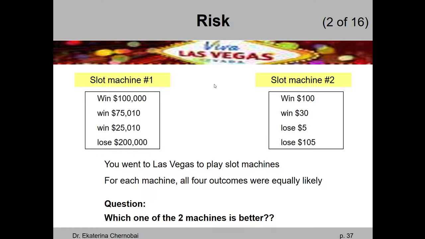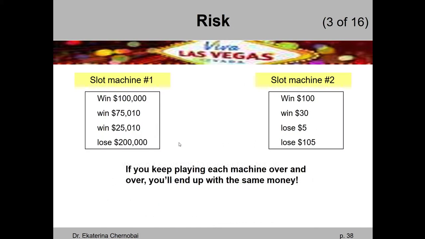So let's say you've been playing these two machines, first one, then the other. Which one has shown more risk? Which one has been riskier? Which one has been safer? First, if you do the right math, you would realize that it doesn't matter which machine you play if your only goal is making money.